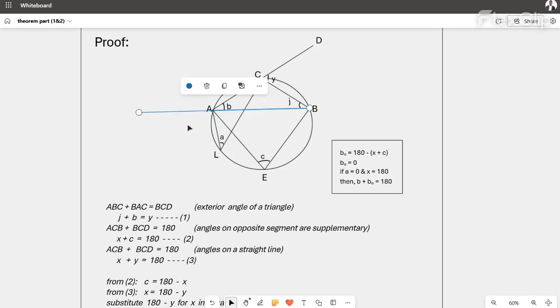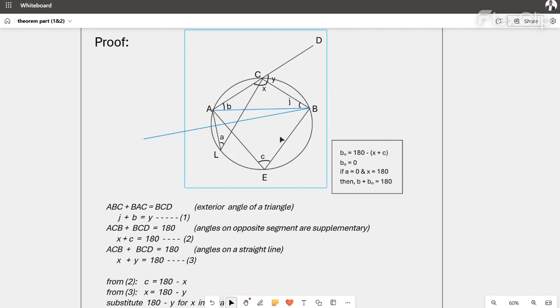Because when this angle A becomes 0, definitely angle B will be equal to C. And when angle X is equal to 180 degrees, then angle B naught, that angle that will be formed here, let me open this thing, will be the supplement of angle B. So adding the two of them together will give you 180 degrees.